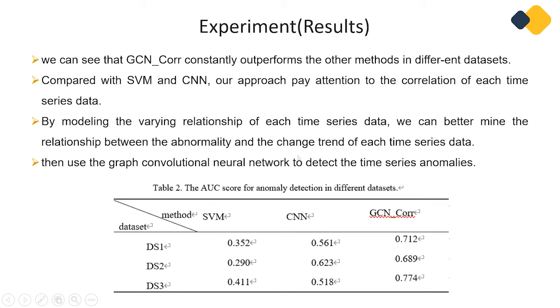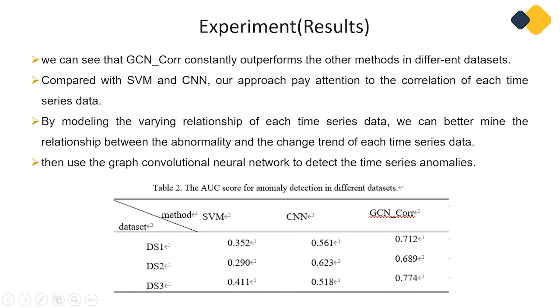Then GCN correlation. This is our method. We capture the correlation of time series data and their latent relationships. We train GCN and classify the new high-dimensional data based on these correlations between time series data.